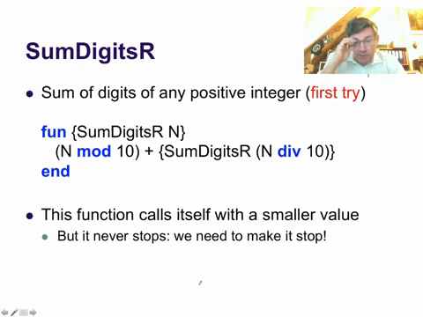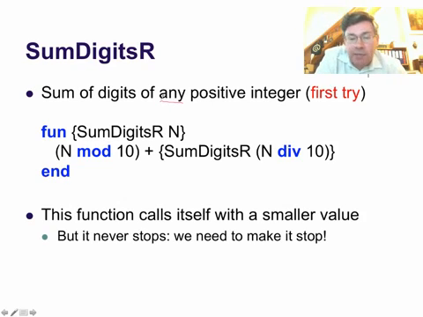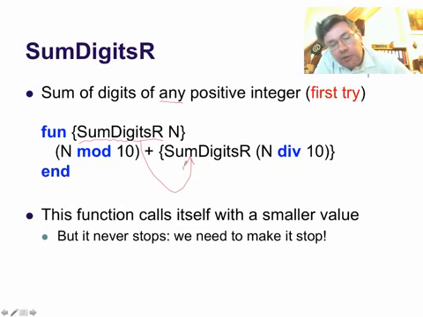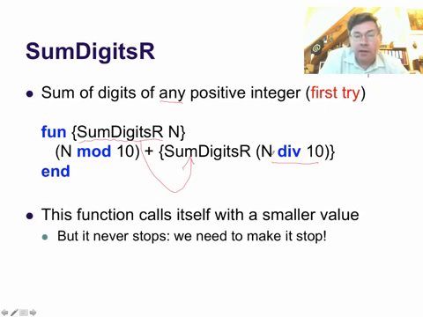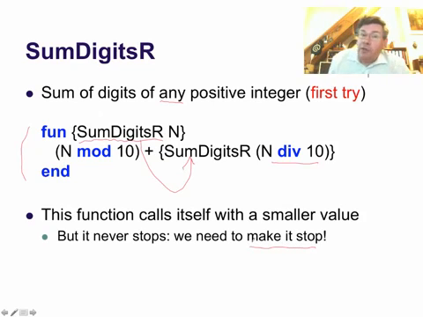The next thing we need is what's called recursion, a function that calls itself. So here is the sum digits r function that works for any positive integers. Sum digits r will call itself with a smaller number. But this particular definition is buggy, it's wrong, because it never stops. We need something to make it stop. So we need another concept.